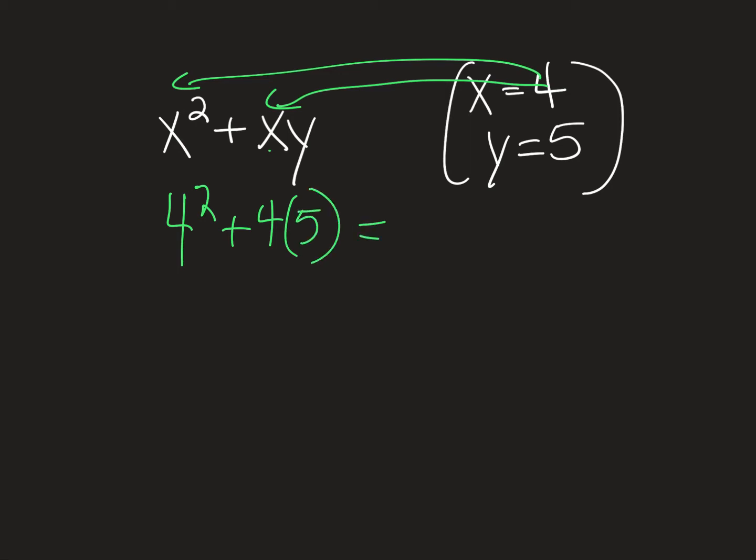And then you're basically going to solve: 4 squared is 16 plus 20, and your answer is 36. So when I say you cannot solve an expression, you cannot solve an expression unless you know the value of the x and the y. But you can solve an equation.